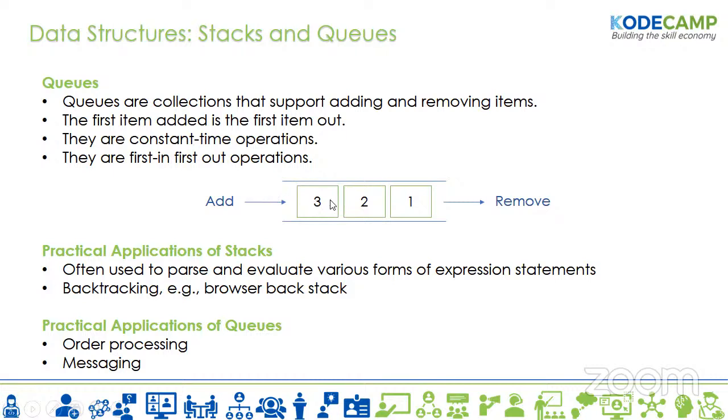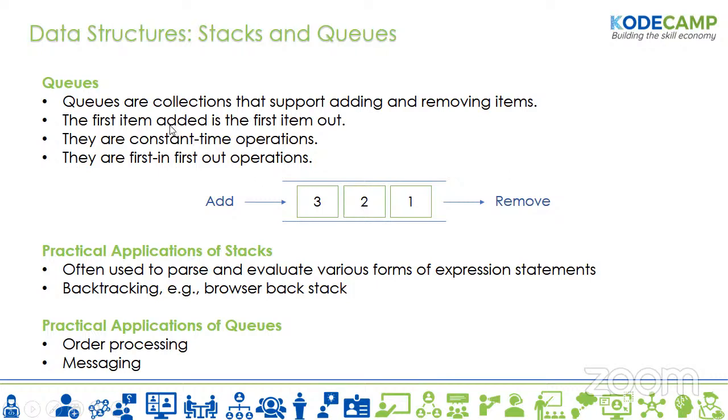Here it looks more like a tunnel, and what comes in first will be the first to go out, and what comes in last will obviously be the last to come out. Conversely to the stack operations, what goes in first in the queue is what comes out first.